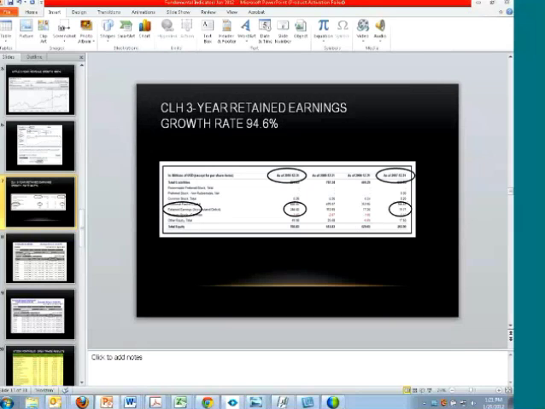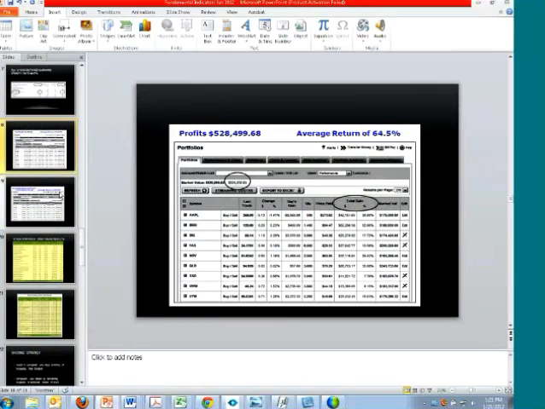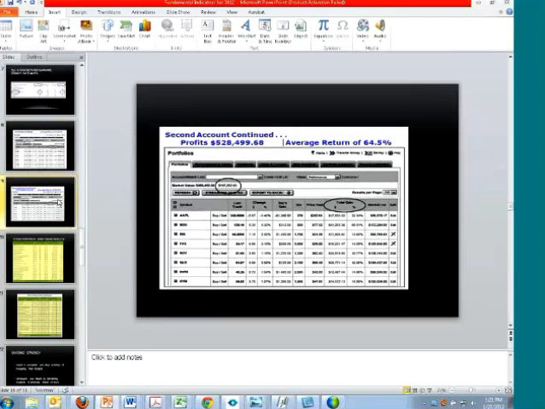And here I'm just showing some snapshots of two of my portfolios using the fundamental and technical analysis. These portfolios had an open trade profit of $528,000, average return of 64%.